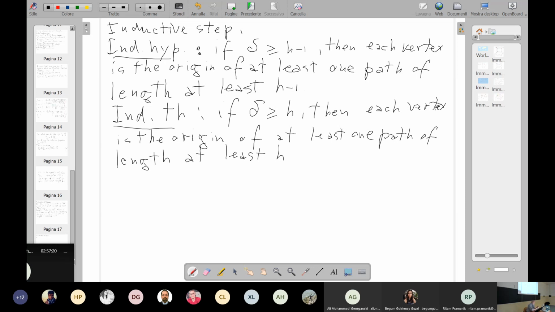Oh, here, what can we say about this h? This h is now greater than or equal to 2, because for 1 we have already done it, okay? For h equal to 1, we've done it in the inductive premise. Okay. So this h minus 1 is greater than or equal to 1. Okay. Let's prove it.